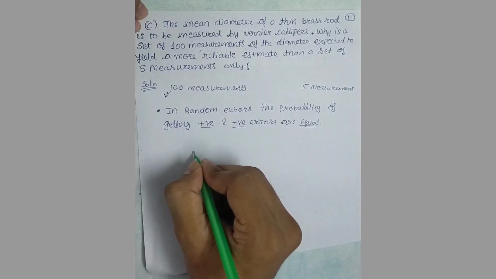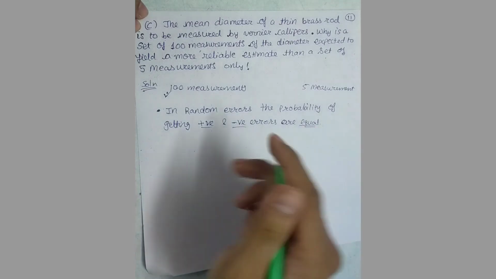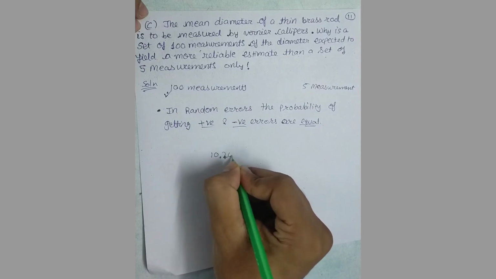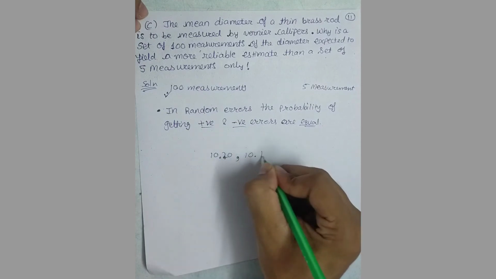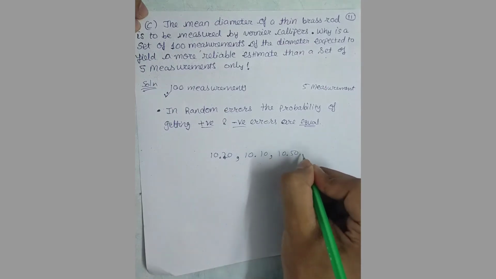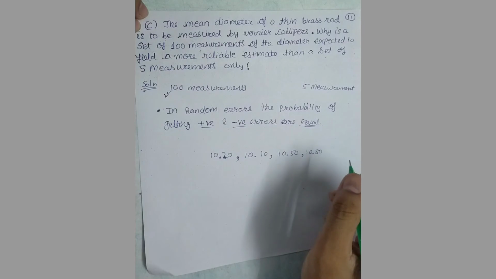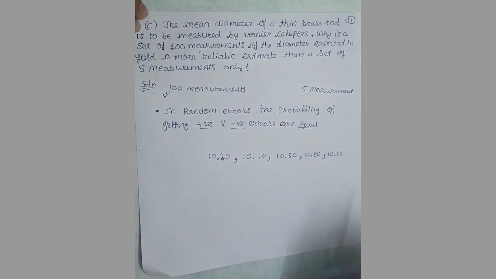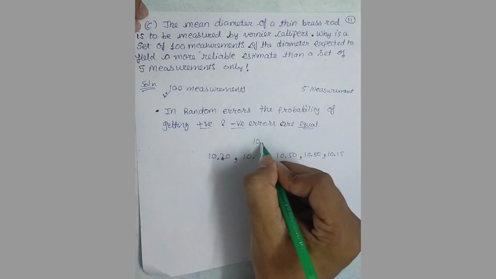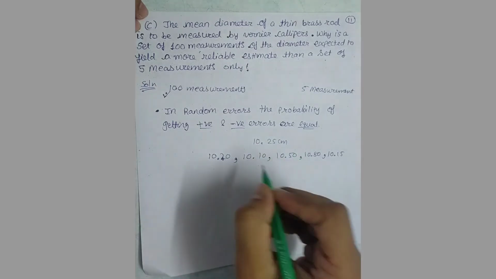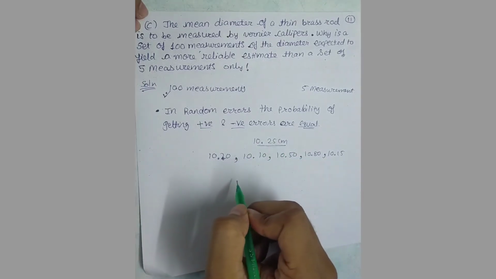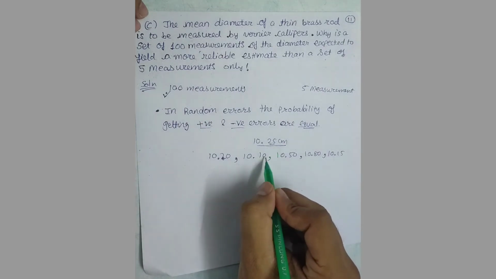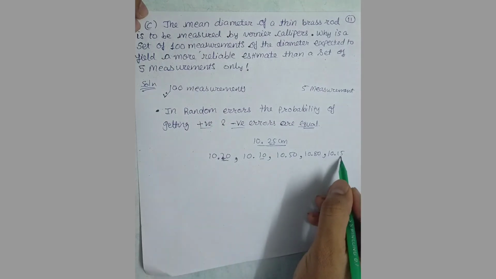For example, if we take 5 such measurements, such as for this pen the dimensions are 10.20, 10.10, 10.50, 10.80, and let us say 10.15. If the true value of this pen is 10.25 centimeter, then you will see that some of the data has negative error, that is, instead of 25 they have a value less than 25, by 0.10, 0.20 and 0.15.